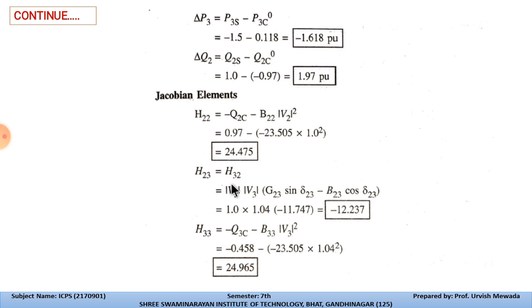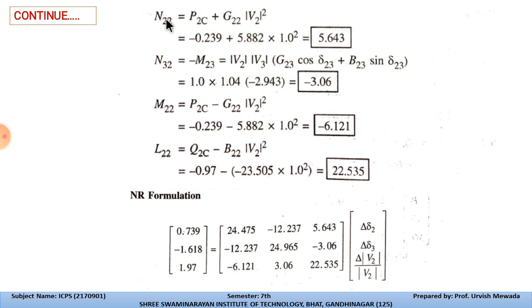So h32 we have the value 12.373, so that will become minus 12.373, and h33, after solving this equation with just the changes: q2c will become q3c, b22 will become b33, and mod v2 square will become mod v3 square. So by putting all the values, we will have h33 as 24.965.